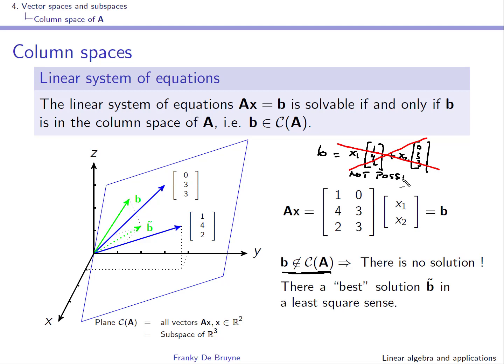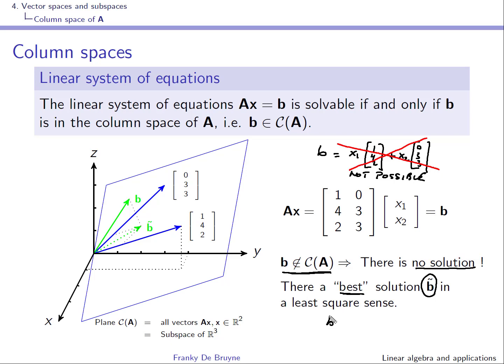Well, we know that there is no solution, but we'll see later on in the course that you can come up with a best solution. Okay, and this best solution will involve b tilde, and b tilde is the projection of b onto the column space of A. And once b has been projected, there is a solution.